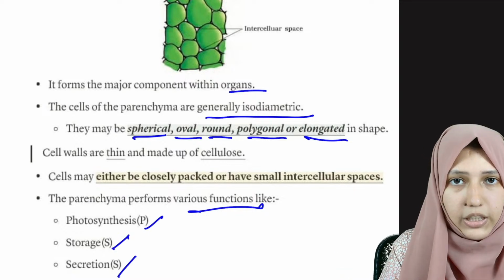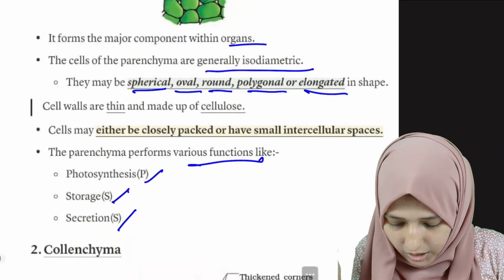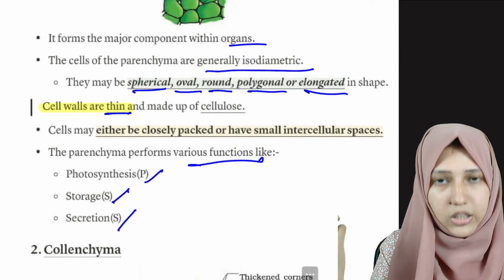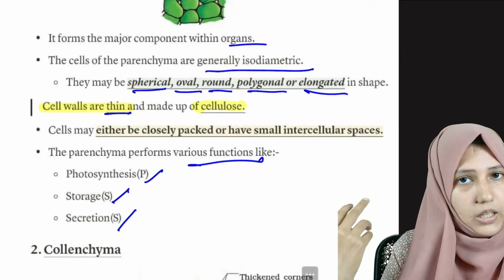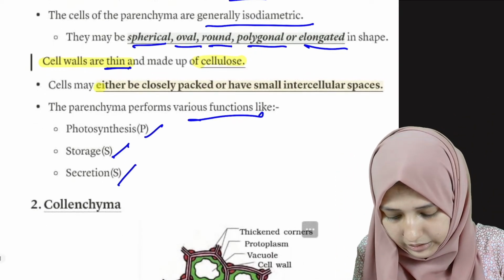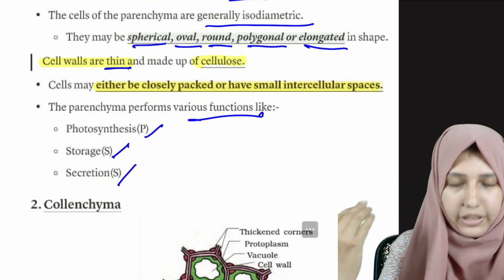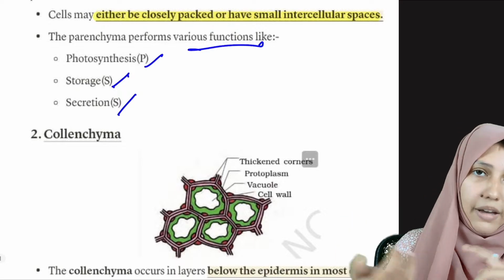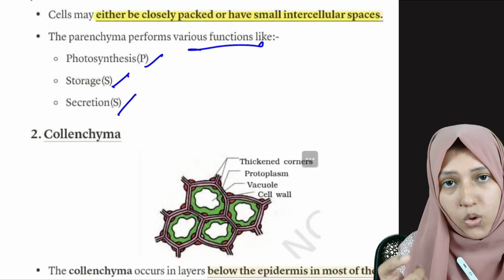Then the cell walls are thin, this is a point to be noted. The cell walls are thin and made of cellulose. Clear? The cells can be either closely packed or they can have intercellular spaces between them. Now the functions we have already discussed, it is photosynthesis, storage and secretion.